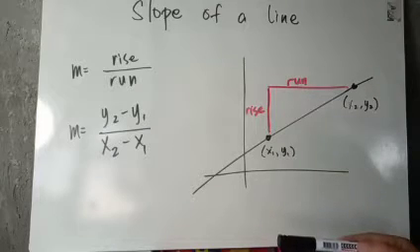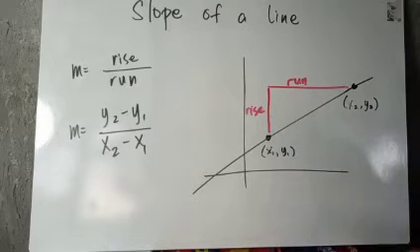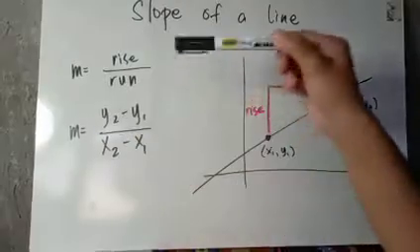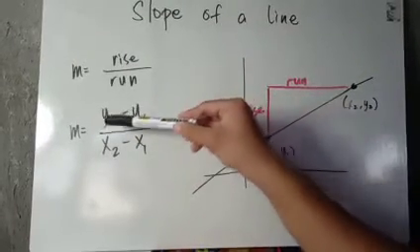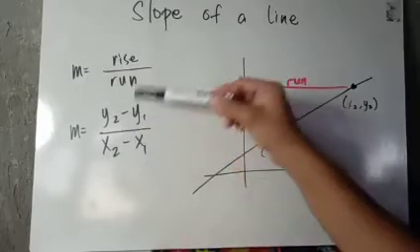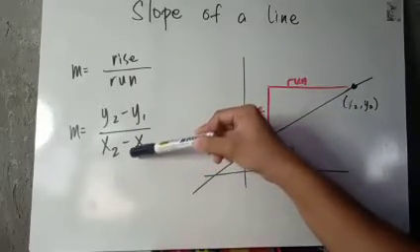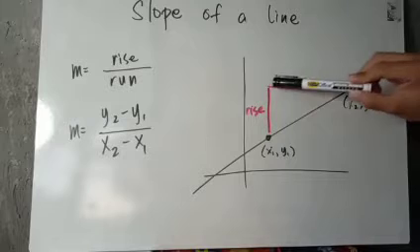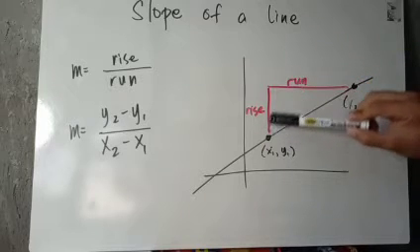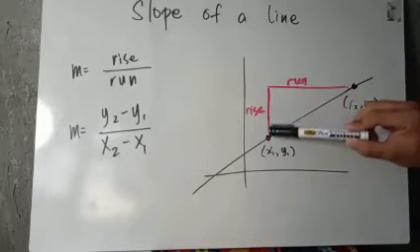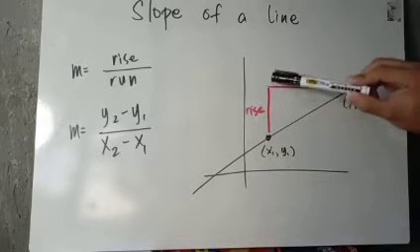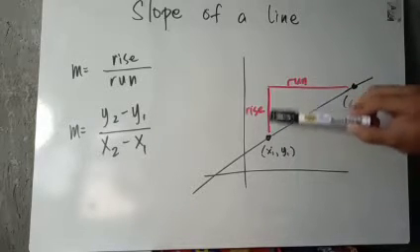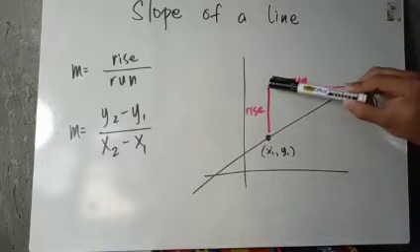So, kung dalawang points ang given natin, meron tayong formula: y sub 2 minus y sub 1 all over x sub 2 minus x sub 1. Sa rise kasi, y coordinates lang ang pinagkaiba, so you just subtract the y coordinates. Ito yung distance nila mula rito hanggang dito.